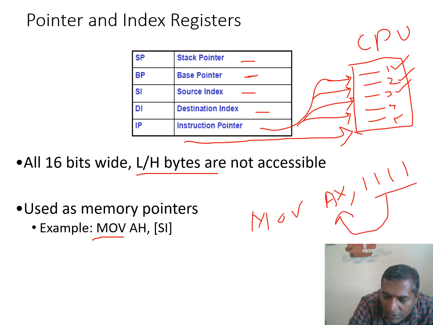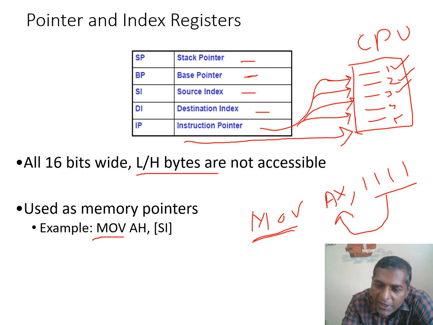AX is the accumulator. MOV means move the contents, 1111, to AX. So this is the command, and this is the register where the information has to be stored.